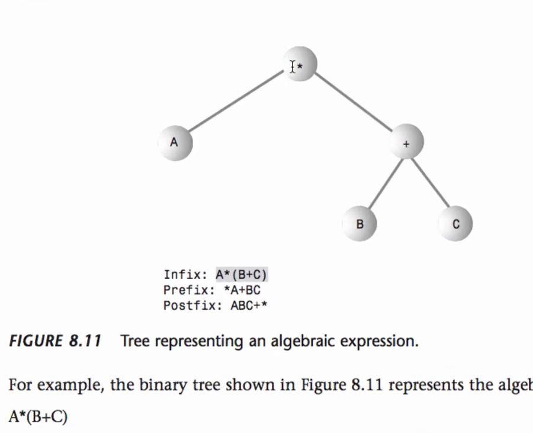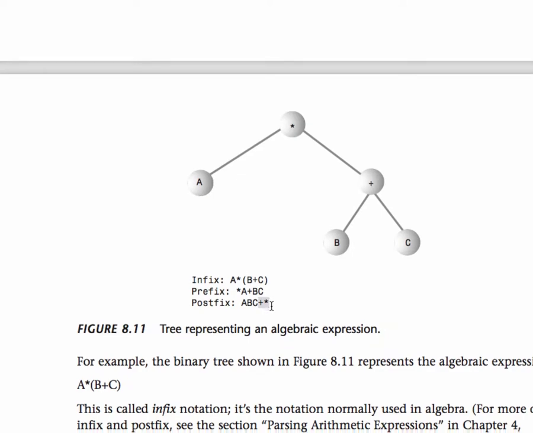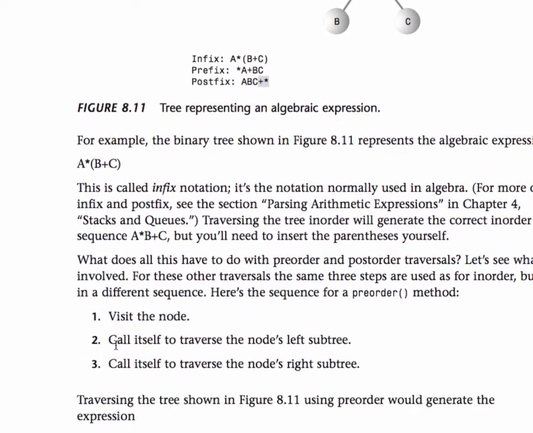This is my A, this is the times, there's the plus, B, C. There's also prefix and postfix notation. In prefix, the multiplication is first, then the plus, B, C, and the postfix is A, B, C, then the plus and the multiplication. These can be simulated using these algorithms for traversing a tree.